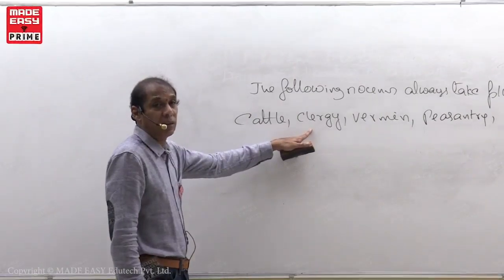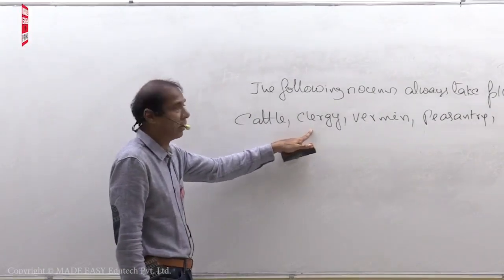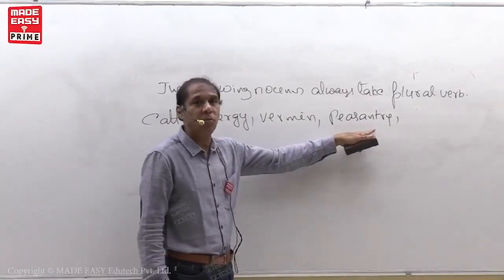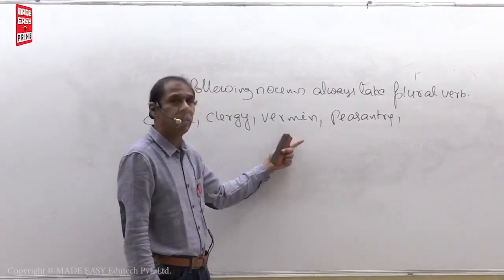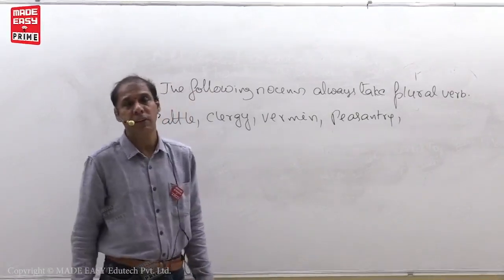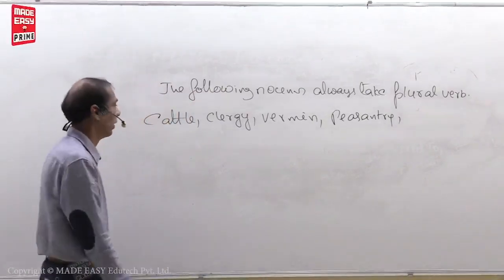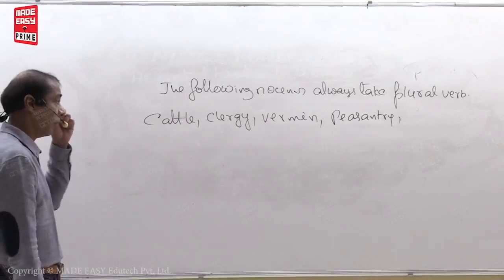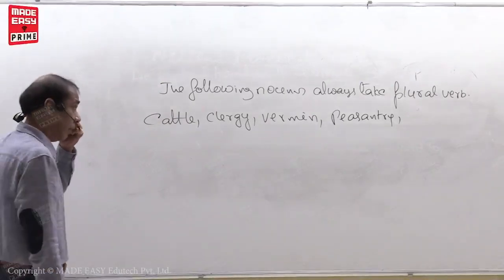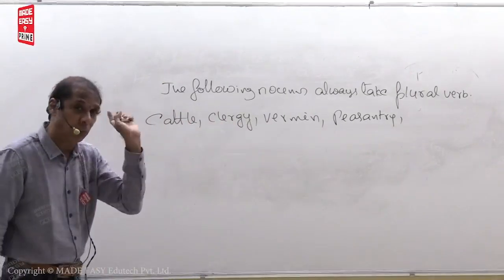Group of Christian pastors. Peasantry means small farmers. Vermin means a kind of insect. Cattle, clergy, vermin, peasantry. See, these nouns always take plural verb.